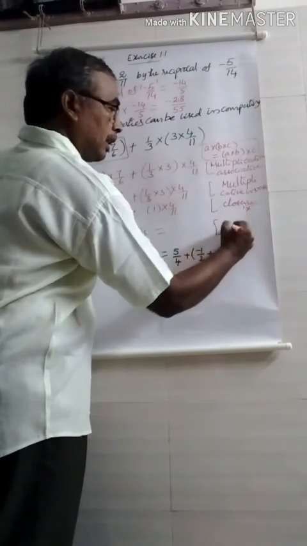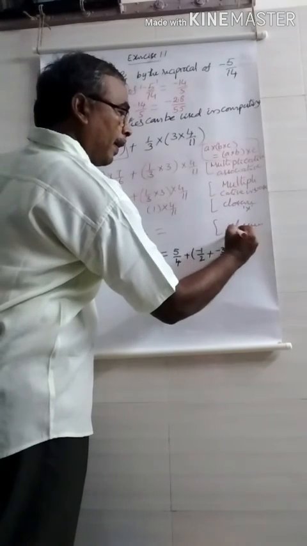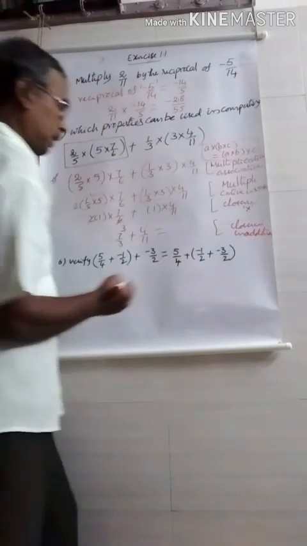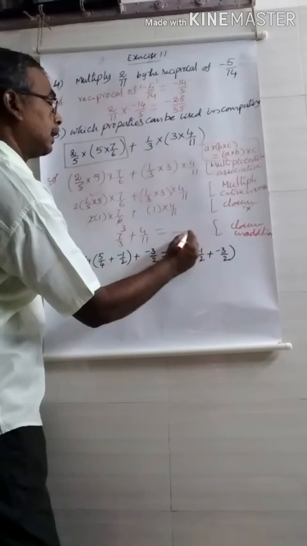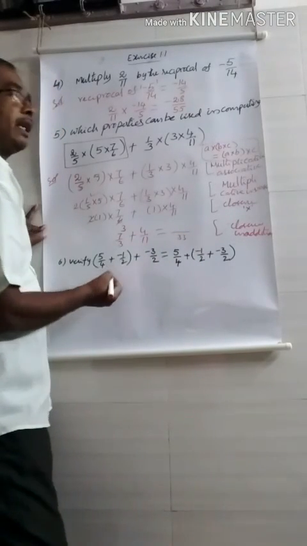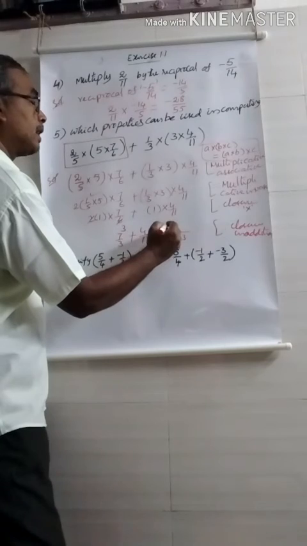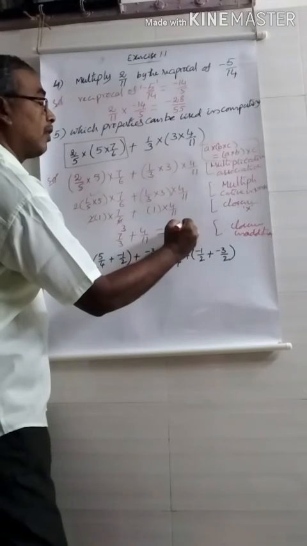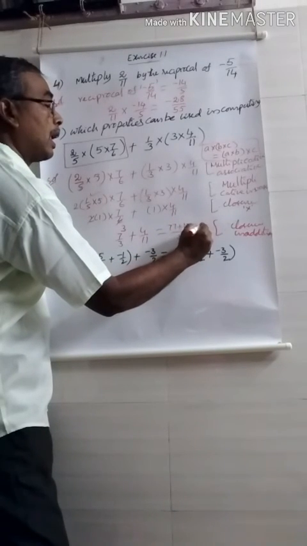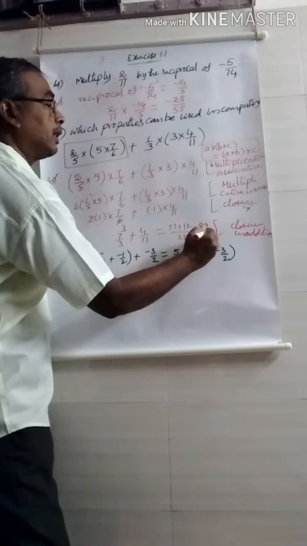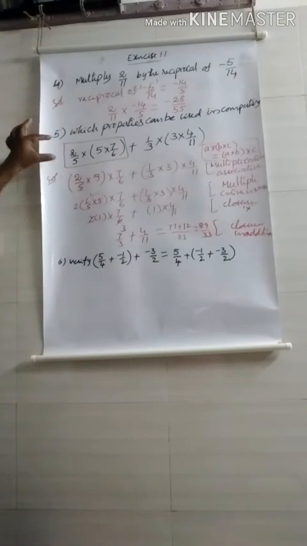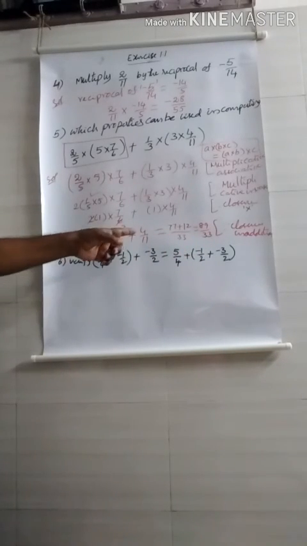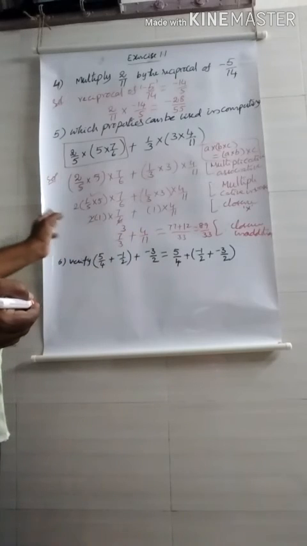Equating the denominators, that is 33. 3 11s are 33, 11 sevens are 77, 3 fours are 12. That's 89 by 33. That means the given equation gives the final result 89 by 33.